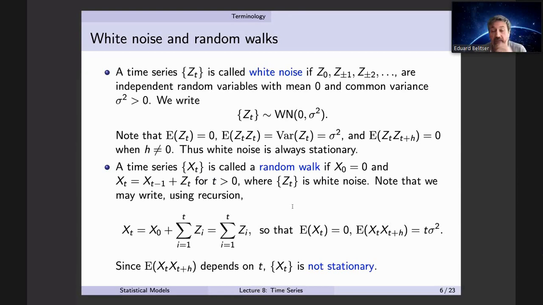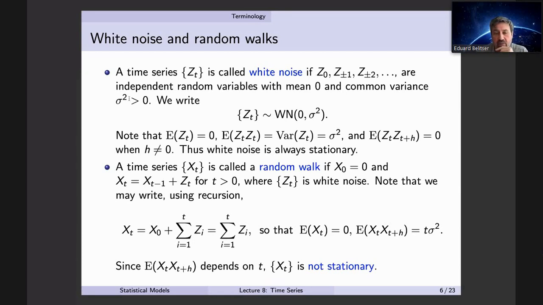Let's just have a look at examples of time series. Let's take a very basic one, and in fact, one of the most important ones. We just take a bunch of random variables, and they're all independent. Actually, they don't need to be independent. It's enough to say they're uncorrelated. The covariance between any two different random variables is 0. That's enough.